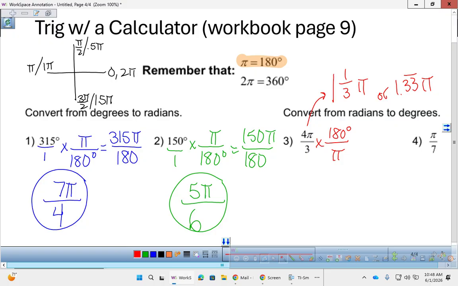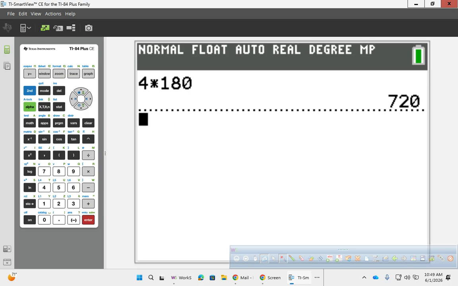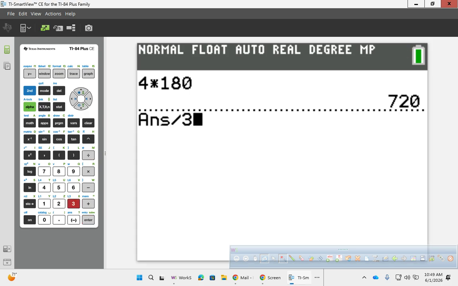We got 720 pi over 3 pi. And what happens here is the pi's cancel out, because it's 4 pi times 180, 720 pi, over 3 times pi, 3 pi. The pi's cancel out. And so I'm just doing 720 divided by 3. And I'm hoping that I get something between 180 and 270.